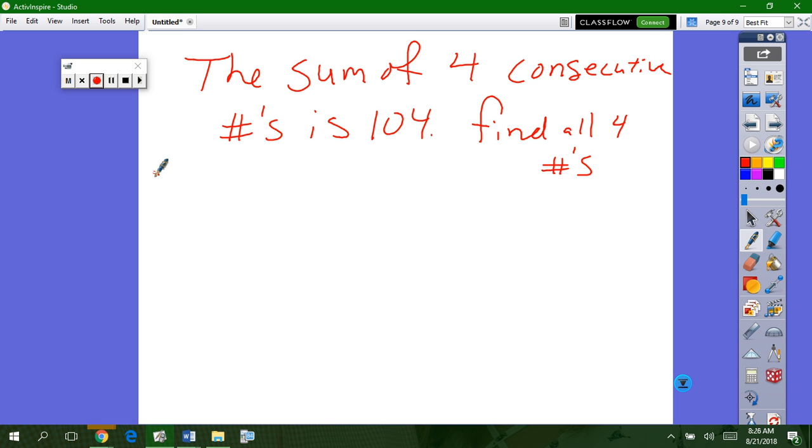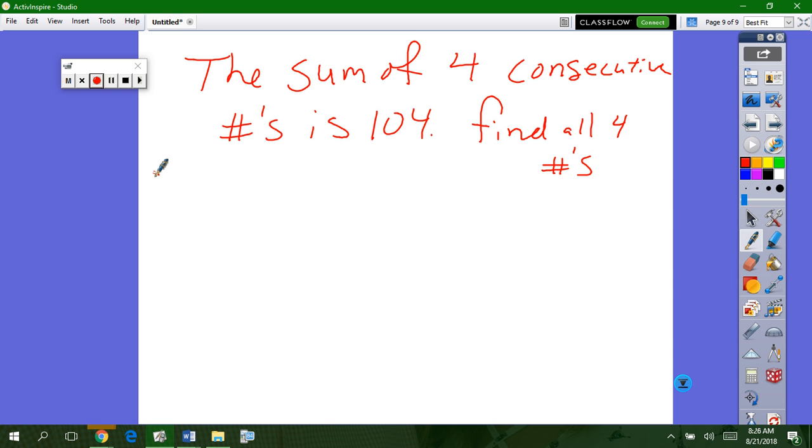Find all 4 numbers. What does consecutive mean? In a row. So give me just an example of any 4 consecutive numbers. That would not be 4 consecutive numbers. That'd be 4 consecutive evens. 1, 2, 3, 4, right?